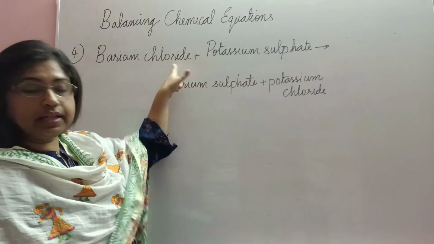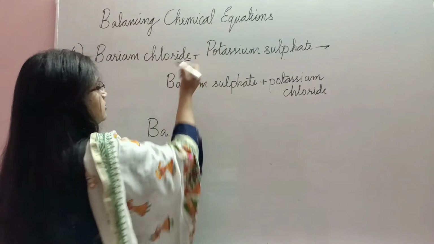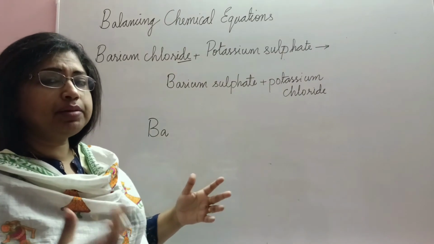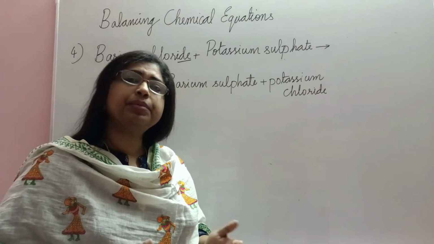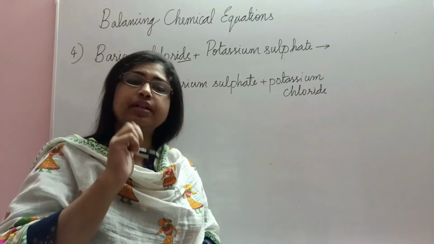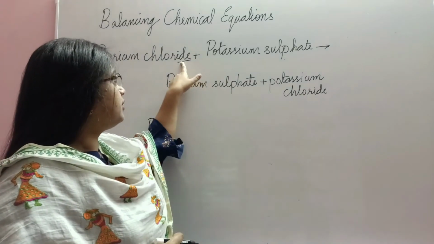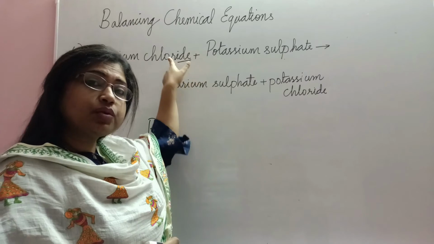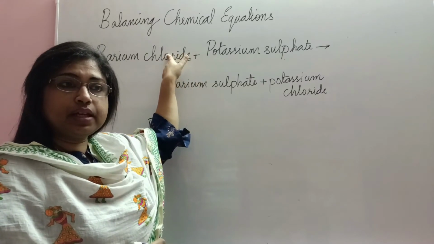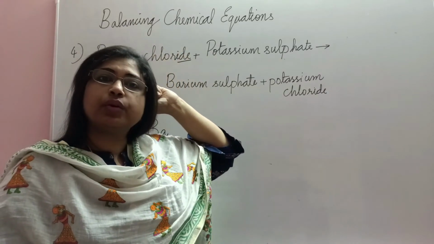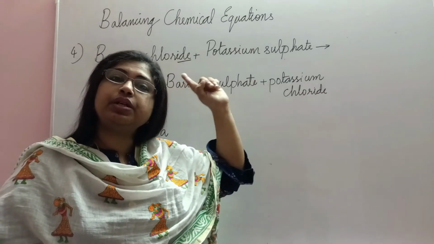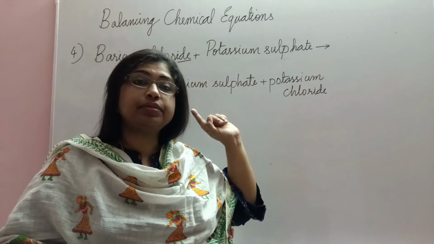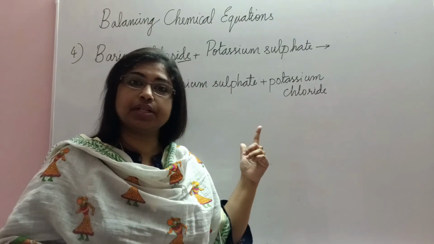Now about chloride. Whenever the name of a compound ends in IDE, remember it is a binary compound, only 2 elements are involved. Here it ends in IDE, that means only chlorine is present there. My question is, what is the valency of chlorine? For that you need to remember the atomic number of chlorine and its electronic configuration.